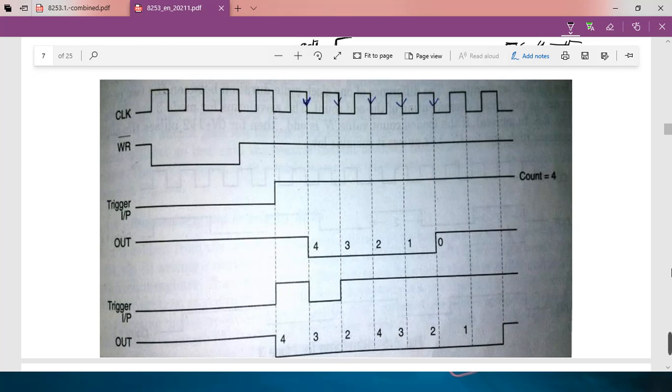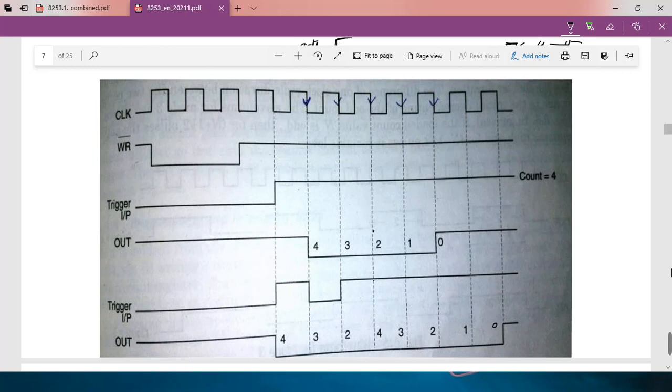So whenever we apply a new positive edge trigger, in this case the counter will be reloaded with the old value on the next negative edge, that is the count value 4. It starts again with 4, then decrements to 3, 2, 1, and whenever it reaches 0, the output goes high again.